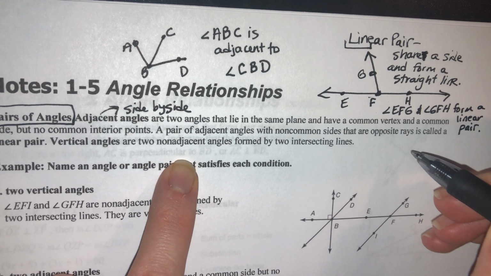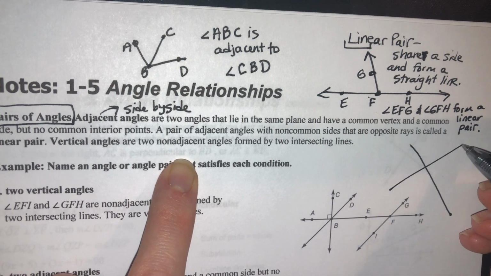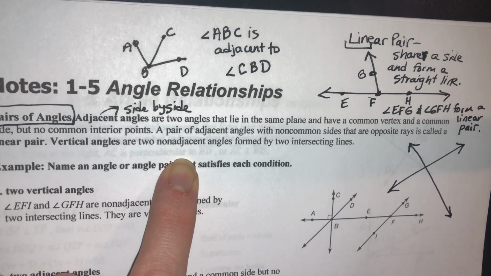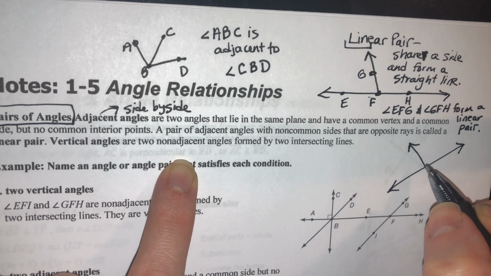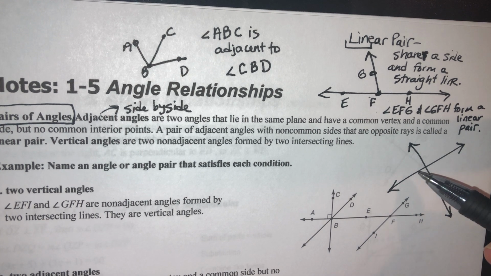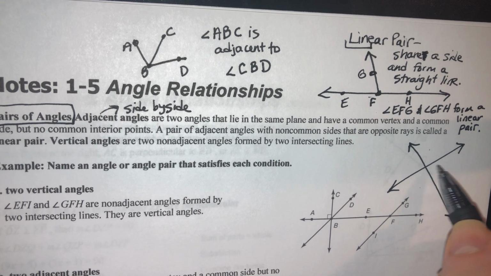Basically, whenever you have an X, so two lines crossing, you form vertical angles. The angles that are opposite from each other are vertical. Now you might think vertical also means up and down. So you might think these two are vertical angles, and they are. But there's also another pair of angles that go from here to here.